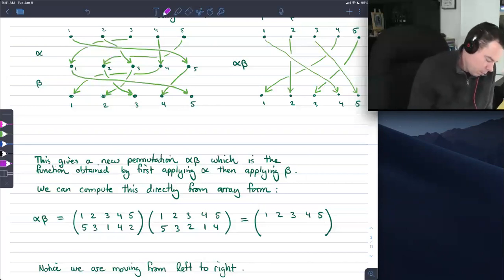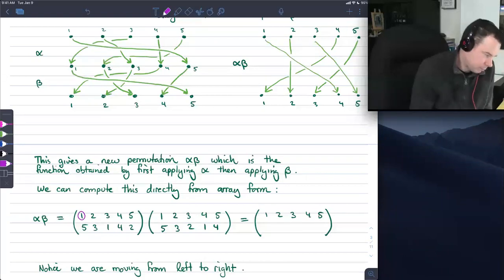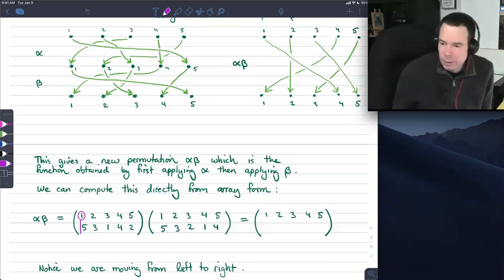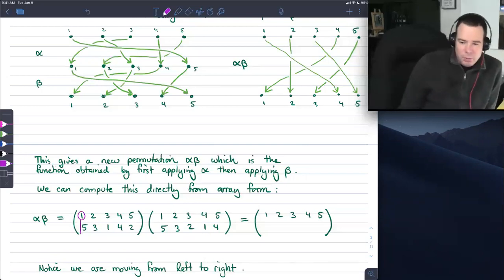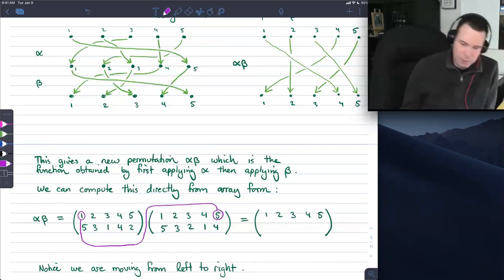Well, what I do is I start with a particular number, let's say 1, and I think about what is happening. Well, 1 is going to go to 5. So 1 goes to 5. That's what alpha does first. And then out of alpha comes this number 5. So then I go into beta and I figure out where 5 is.